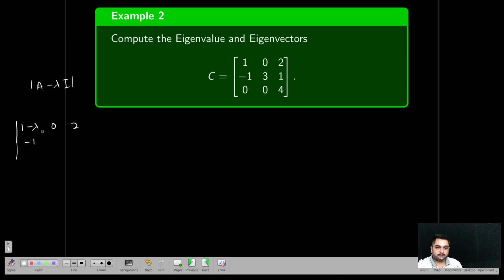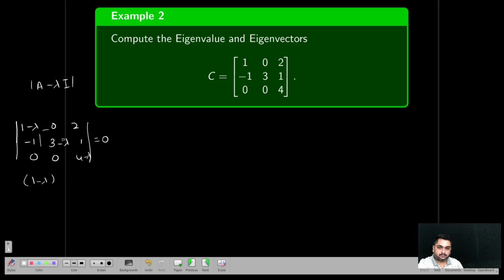The shortcut is you just subtract lambda from the diagonal values. 0, 0, 4. So now you find the characteristic equation. We'll get the characteristic equation as 1 minus lambda into this, 4 minus lambda.